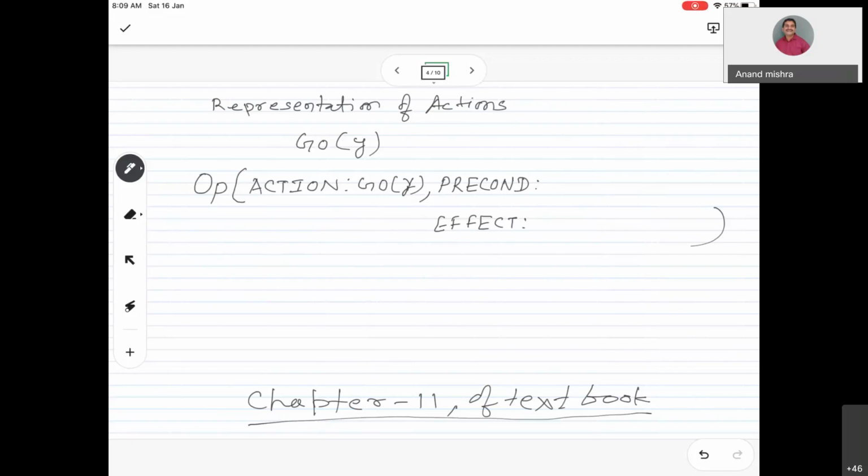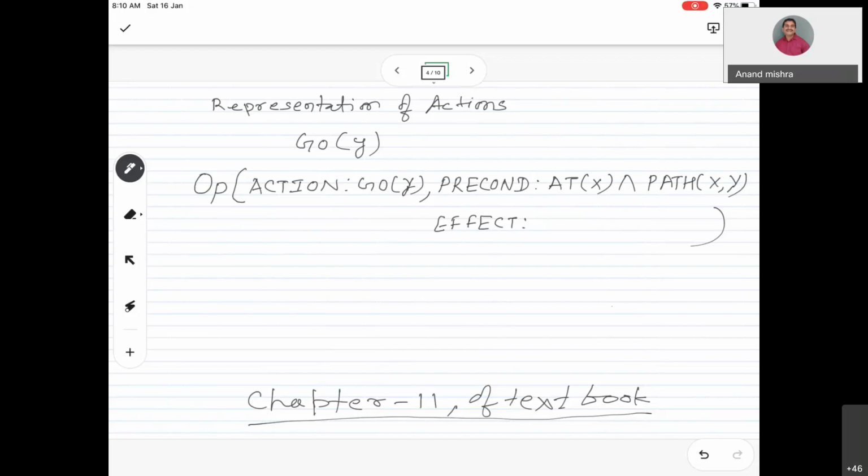So what is the precondition? You should be at X, and there must be some path between X and Y. Then only is it possible to go. There exists a path between X and Y. Then only you may be able to go to Y, otherwise you may not.